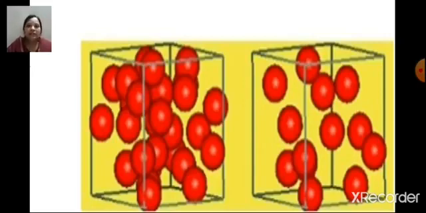In the left hand side you can see that the molecules are very tightly packed, whereas the molecules in the liquid on the right hand side are little far away from each other. So we say that the molecules on the left hand side are denser, right? They are very tightly packed to each other. So here it is denser, okay?